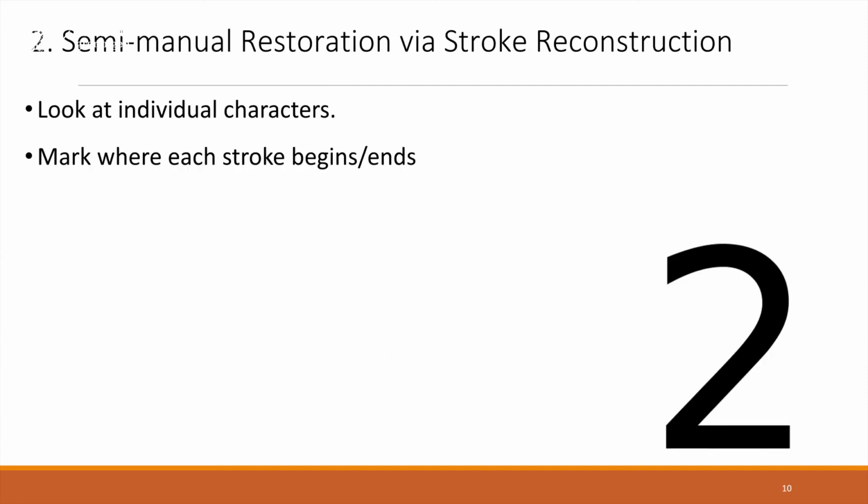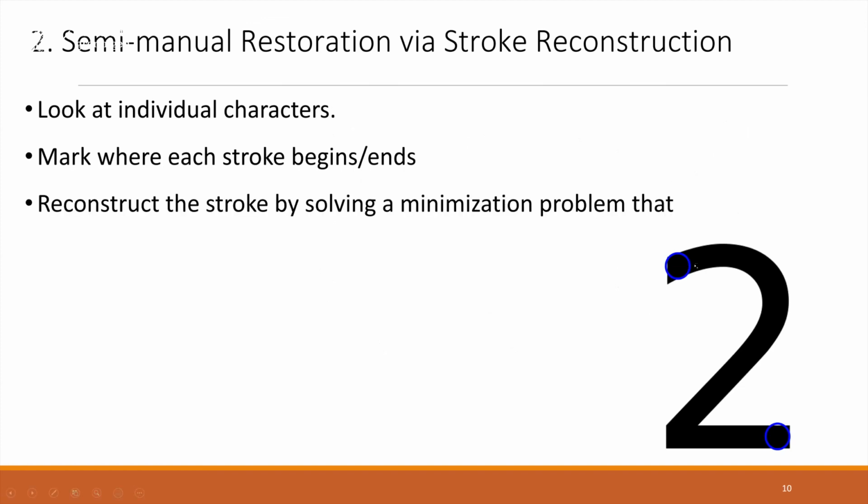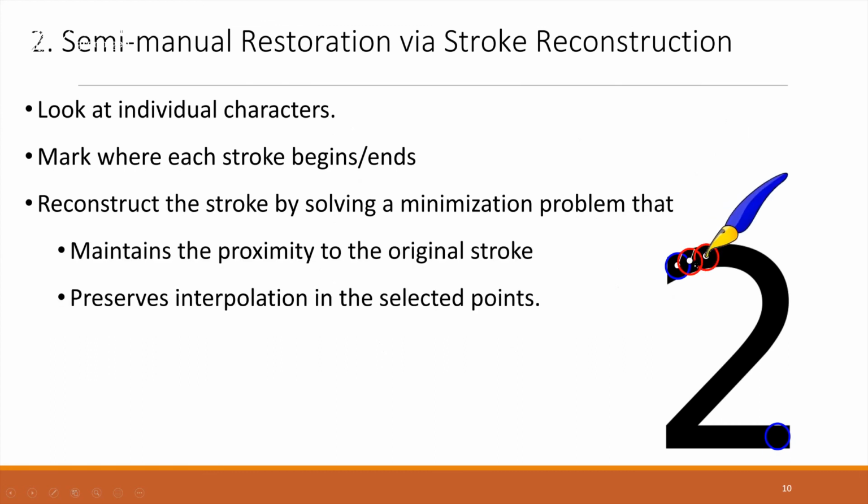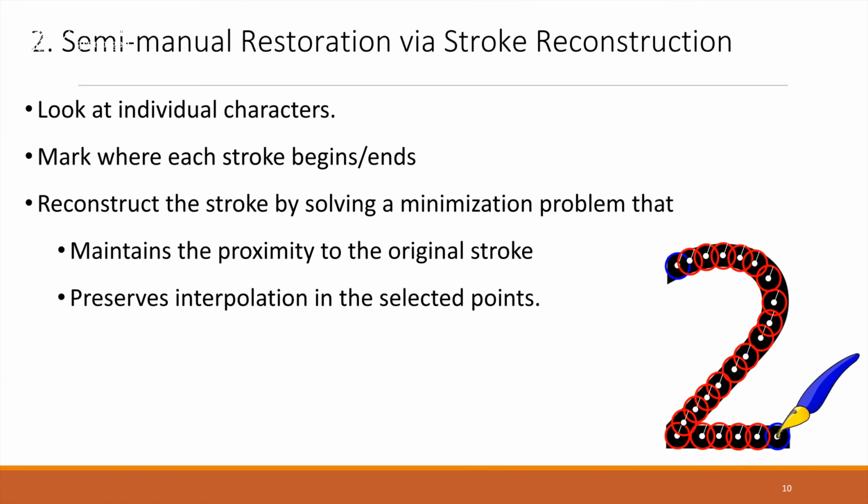So we developed a new method in which two points on each stroke are manually marked. And we have an optimization procedure which leverages the proximity to the original stroke while maintaining the interpolation on the stroke, and tries to reconstruct the stroke using this optimization function.